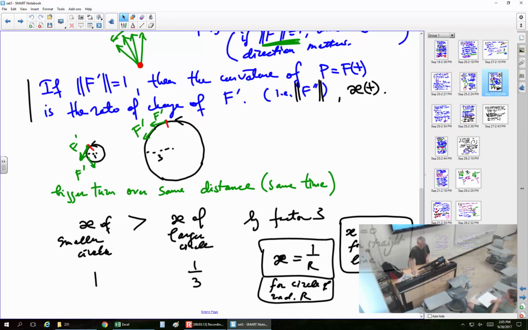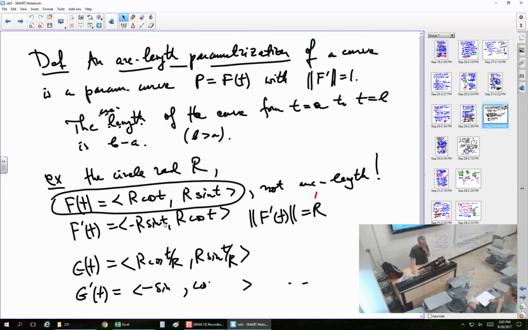So that's the definition of the arc length parametrization. The parameter t, we're going to use a specific letter here for the arc length parameter, s, to distinguish it from the rest.